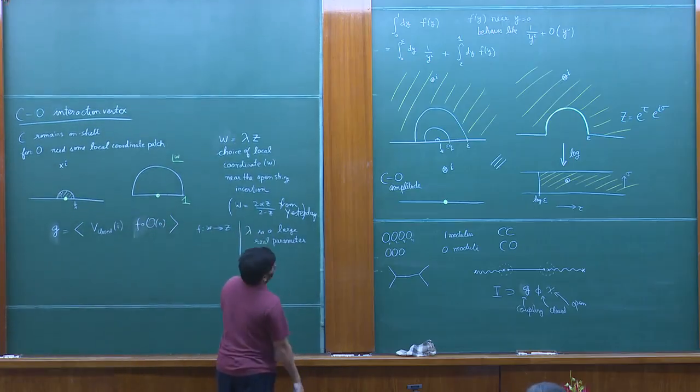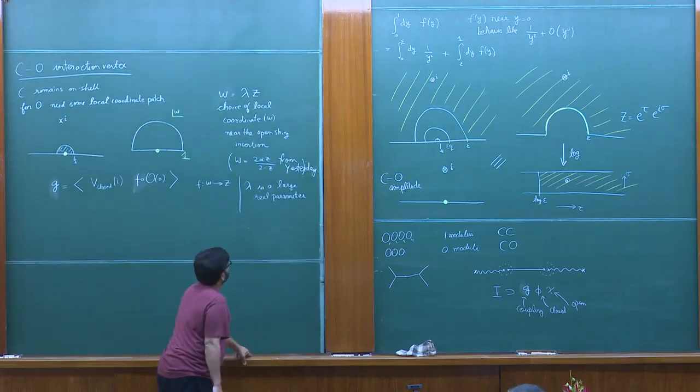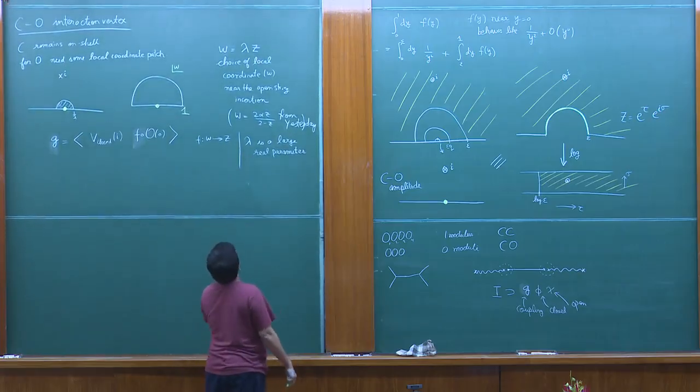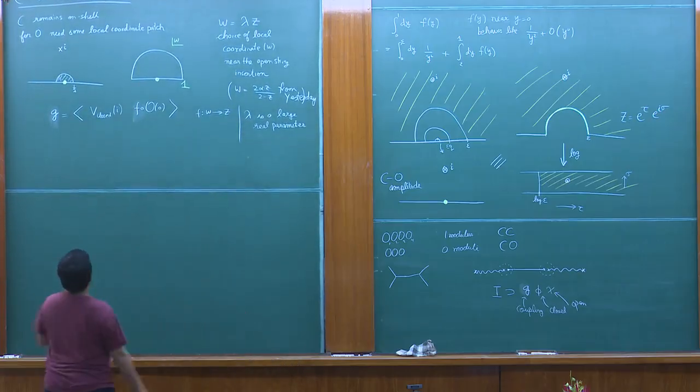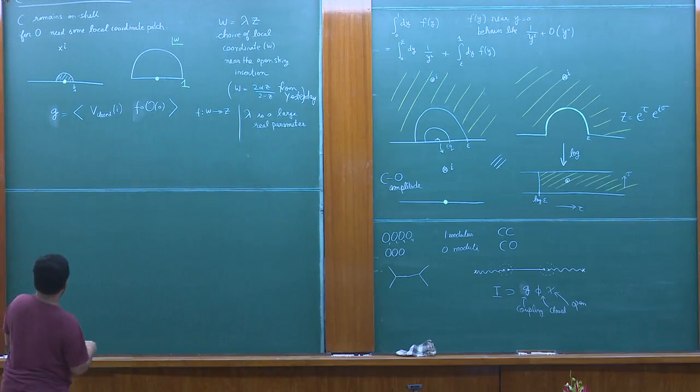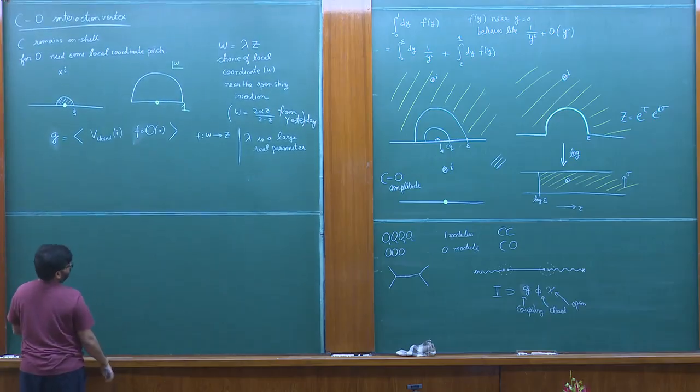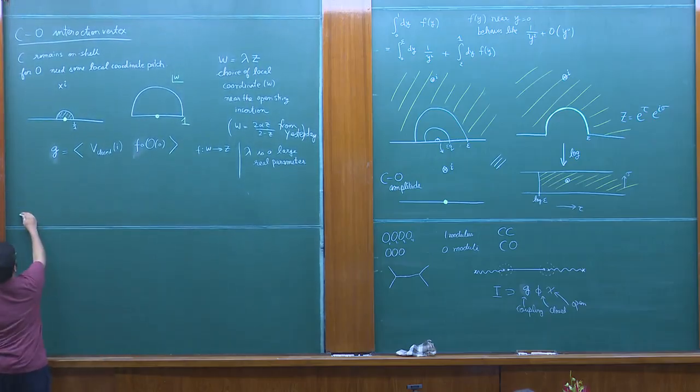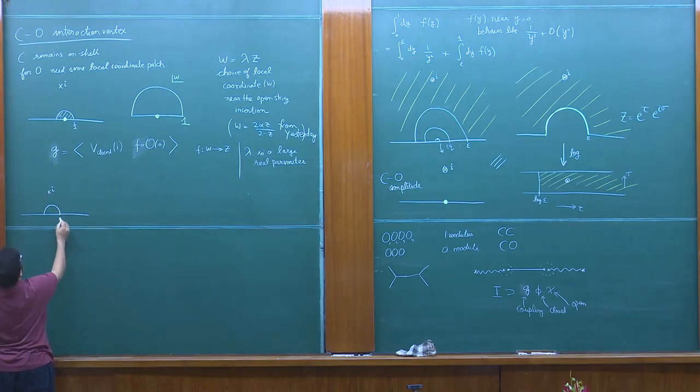Okay. So now, to be faithful to this picture, we are supposed to take two of these CO interaction vertices and glue them together. Let me draw two of them. So I have I here, and then 1 over lambda green dot here, and this is shaded.